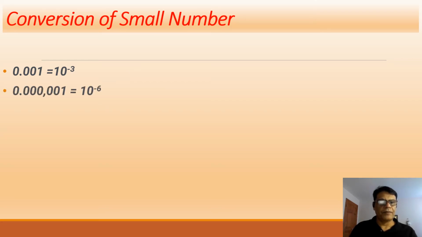Take another example. Again, your value is less than 10. Here is your decimal point. So you will move your decimal from left to right: 1, 2, 3, 4, 5, and 6.